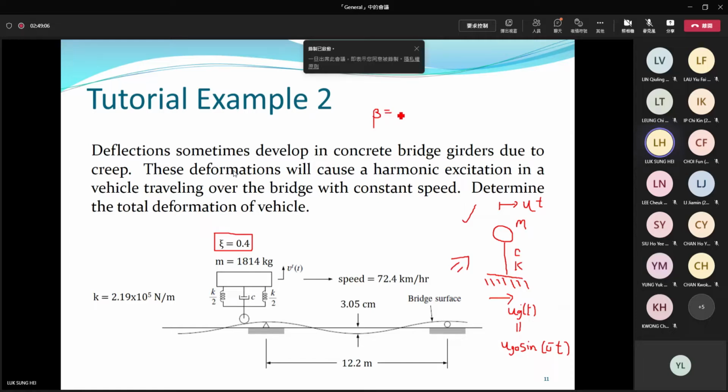By definition, frequency ratio is equal to the exciting frequency over the natural frequency of the system. Natural frequency depends on stiffness and mass. The good news is that in this problem, you know stiffness, you know mass.